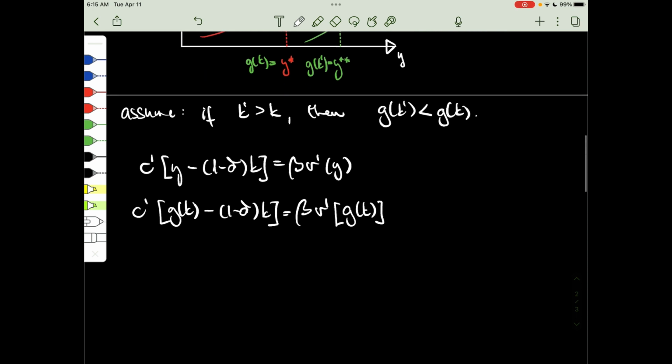Okay, and given that v, the value function, is strictly concave, this inequality holds.